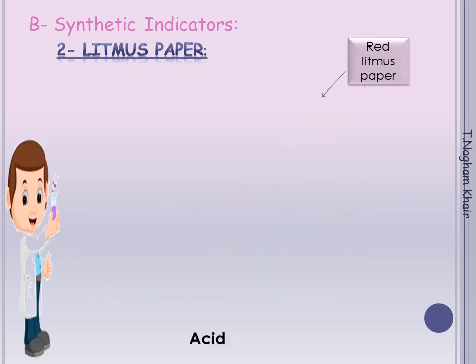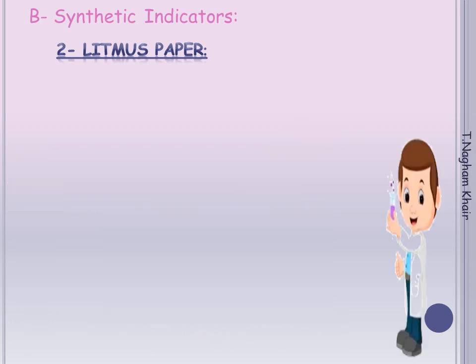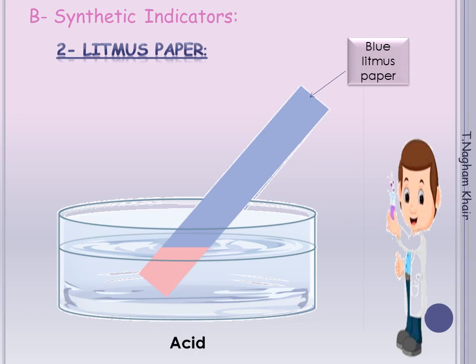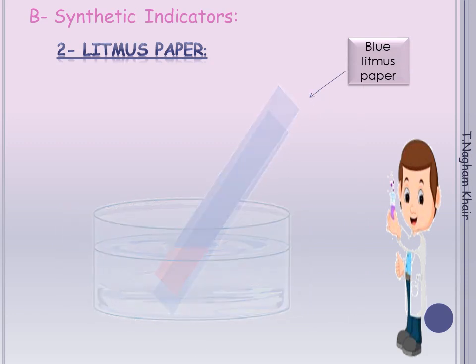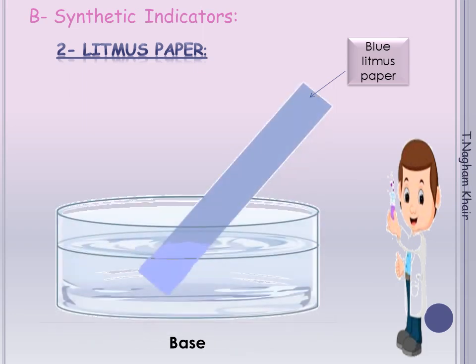However, with acid, it remains pink or red. The second type, which is blue litmus paper, with acid it becomes red. However, with base it remains blue.